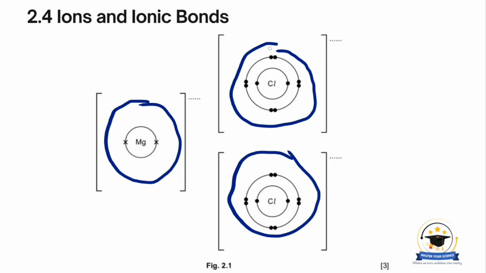And we have the dots for the 8 electrons that are in the outer shell, and 1 cross to show the electron that has been gained from magnesium. Same for the other chlorine ion.